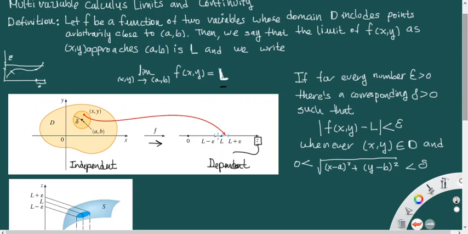If for every number epsilon greater than 0, there's a corresponding value delta greater than 0, such that the absolute value of f of x comma y minus L is less than this epsilon whenever the values for x and y belong to the domain, then we can say that the limit exists, and the range of values for this region will be greater than 0, because we cannot have any value less than 0 here, so we need to have something to calculate and have this L result, and less than delta.